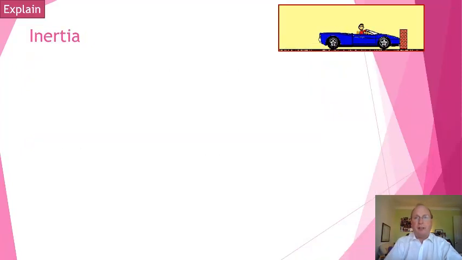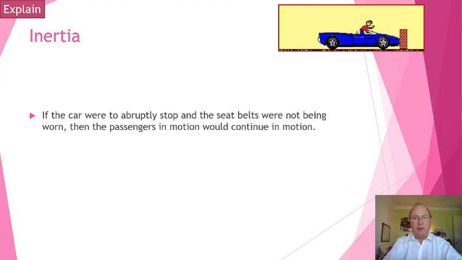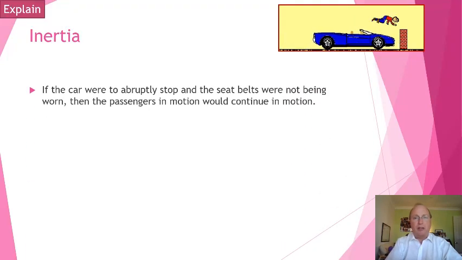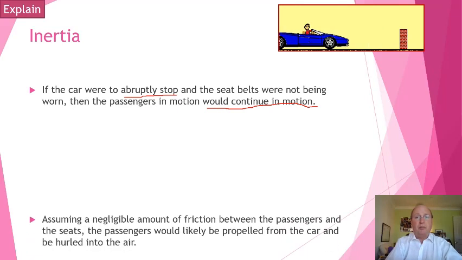Now here's an animation that shows a horrible situation where a car hits a brick wall and the driver, without wearing a seatbelt, goes over the top. So if the car were to abruptly stop and the seat belts were not being worn, then the passengers in motion would continue in motion, and that's the key to this.